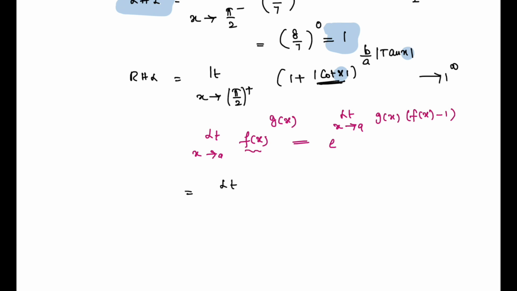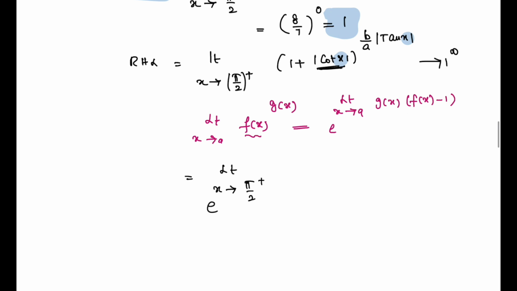So the limit as x tends to pi by 2 plus: we write e to the power of limit as x tends to pi by 2 plus, bring the power function down, that is b by a mod tan x, and subtract 1 from the base function.